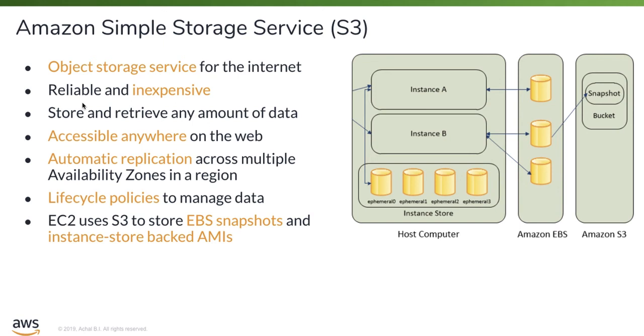These are reliable and inexpensive compared to other available options, but they have their own limitations. It also provides automatic replication across multiple availability zones like EFS, but instance store and Amazon EBS don't provide that.